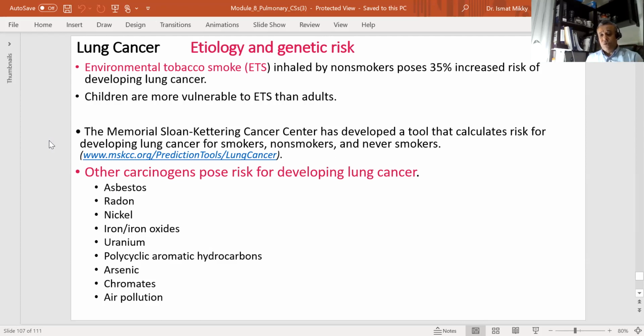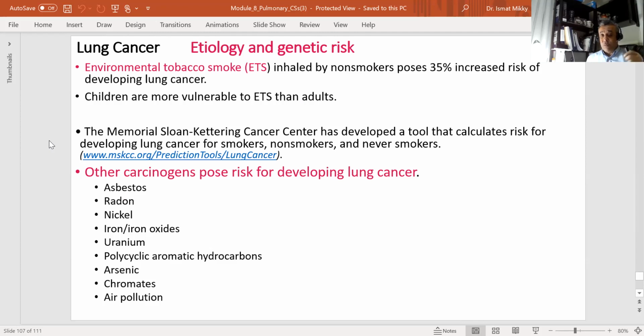There is also exposure to substances like asbestos, radon, nickel, and other chemicals. This exposure is common in employees of industrial areas, for example people who work in petroleum manufacturing, who will be exposed to these chemicals.